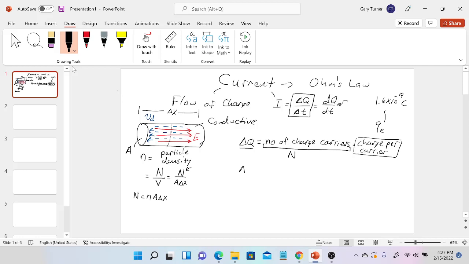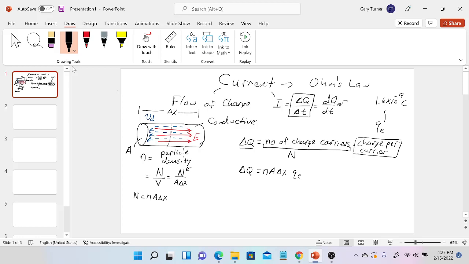So my total number of charges, delta Q, is going to be equal to my charge density or particle density times the cross-sectional area of my wire times the length of wire I'm considering, delta x, times the amount of charge on each individual charge.